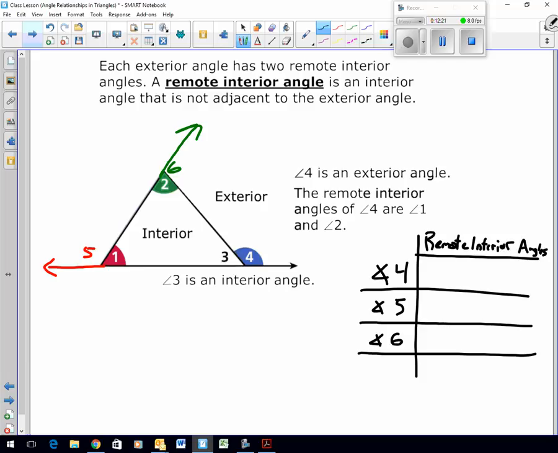Write this whole slide down and draw the diagram, or it won't make sense to you. Remote interior angles are the two angles that are not adjacent to the exterior angle. Really weird definition, very simple application.